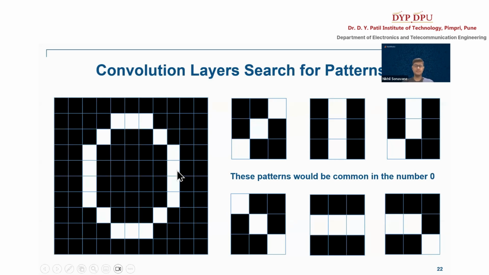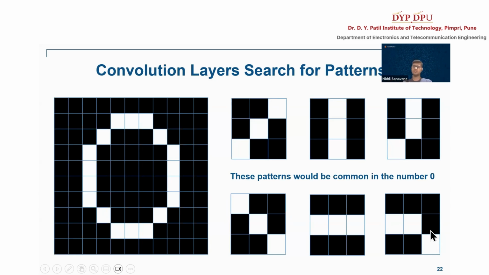Now assume an image like this, a binary image for simplicity. What are the major patterns that we can see in this particular image? It is this pattern, which is here and here. It might be this pattern, which is here and here. It might be this pattern, which is predominantly here. Then this pattern, which is here, and so on, and this pattern here and here.